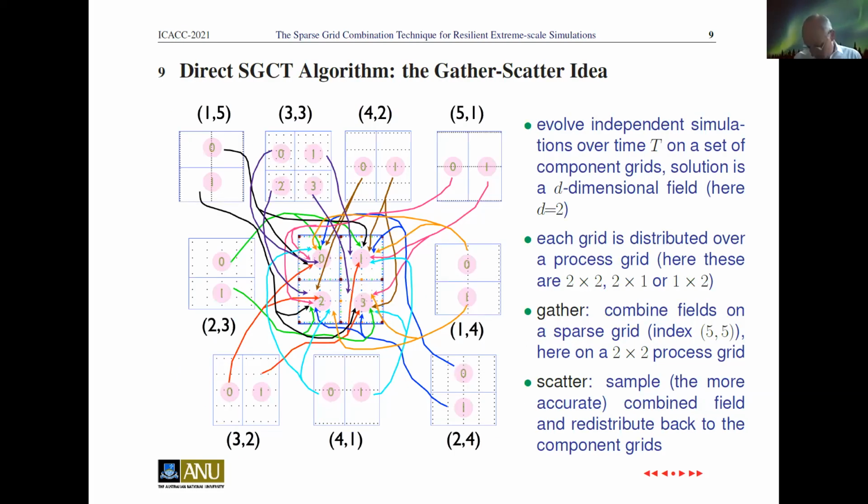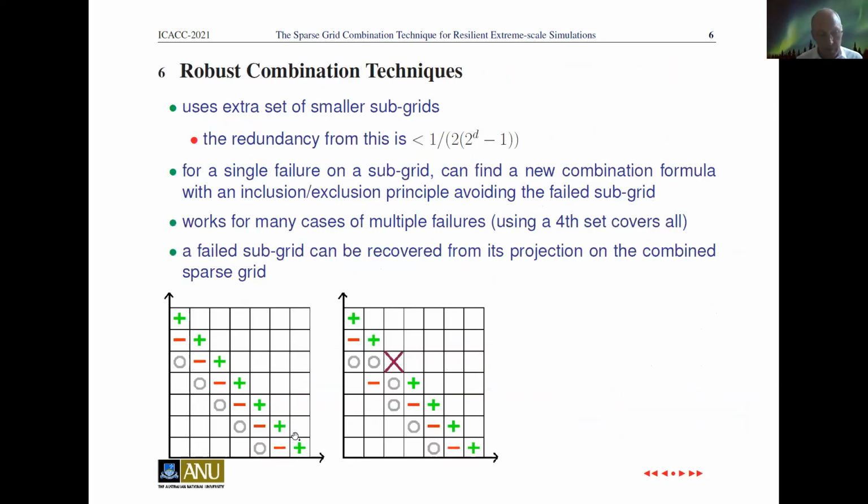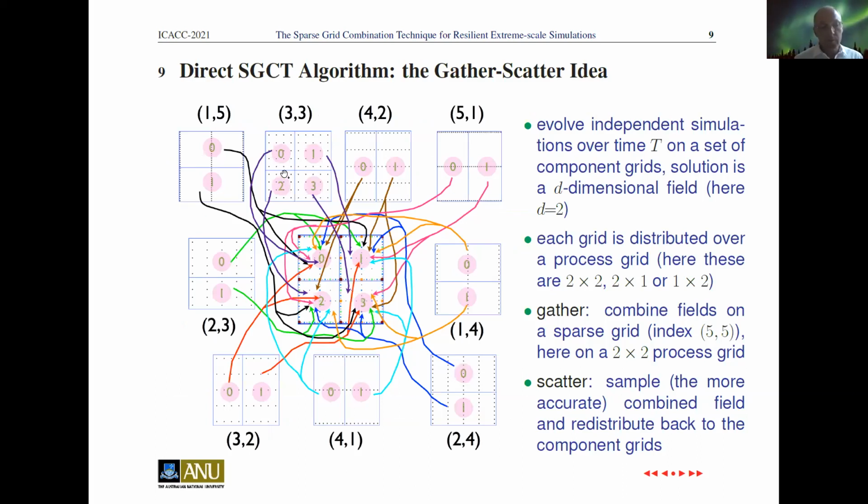Okay, so now we're coming into the sparse grid algorithm, the gather scatter idea. So what we have all around the edges here are component grids like we have here. And these are distributed over process grids.